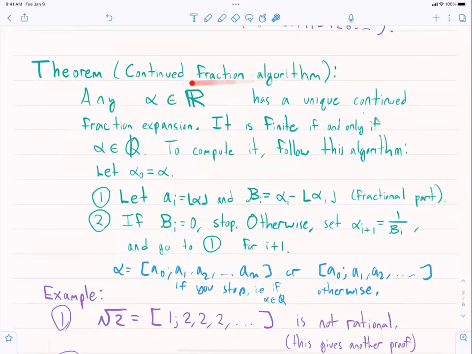This theorem says that if it was a rational number, then the continued fraction expansion would be finite, so it would stop at some point. If you remember on the first worksheet, we gave a proof of this using prime factorizations. Now this is another way you can prove it. Of course, there are many other ways to prove it still.